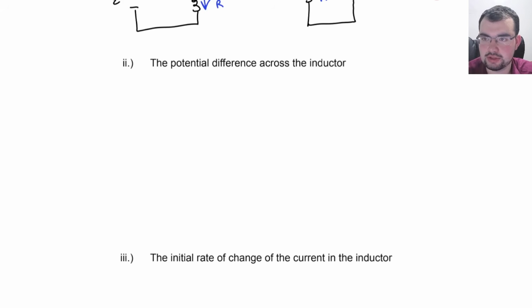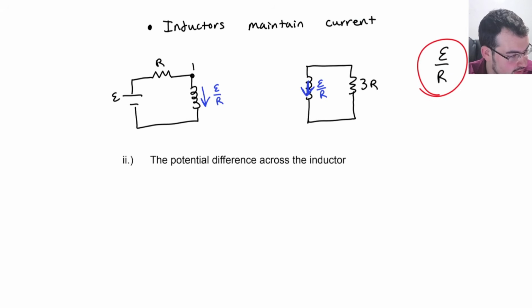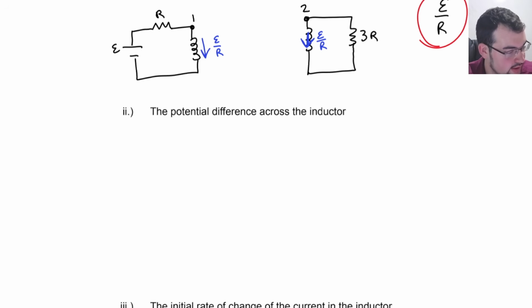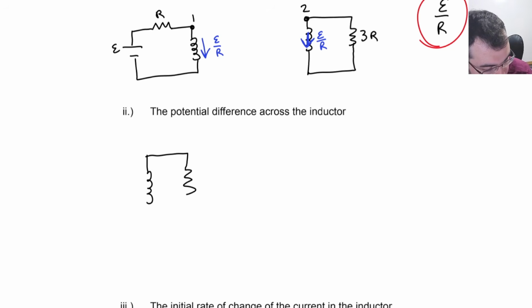So what's the potential difference across the inductor? Oh, and for more clarity, we'll show that this is position 2. If we color code this, we see that our inductor is basically serving as a battery, right? Just like capacitors can serve as a battery, so can inductors if they're unpowered and have current through them.